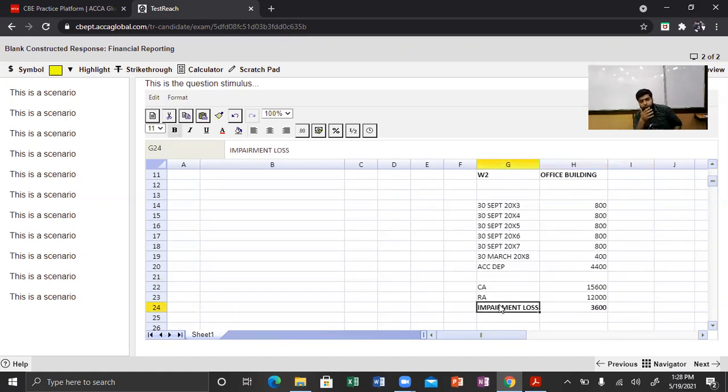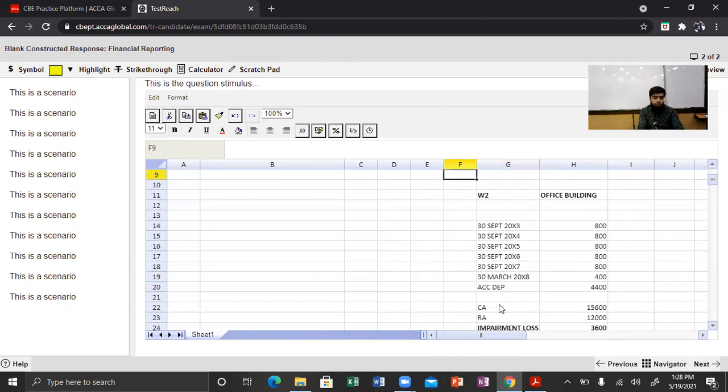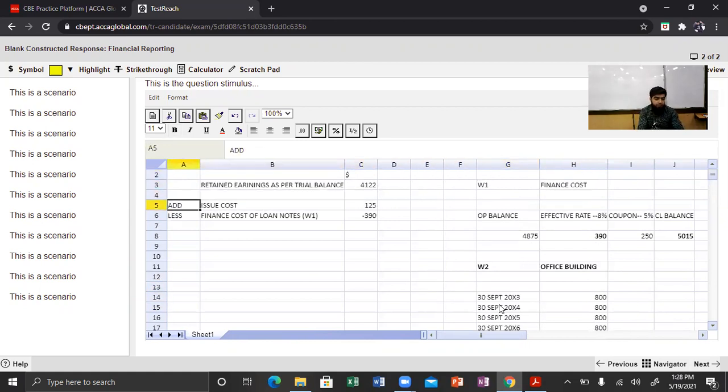If we prepare the entry for this, what entry we normally prepare for the impairment loss is P&L debit, and asset credit. But we are not working on the P&L side, we are working on the retained earnings account. So retained earnings would be debited. If we are debiting the retained earnings account, it means we are reducing the balance of retained earnings.